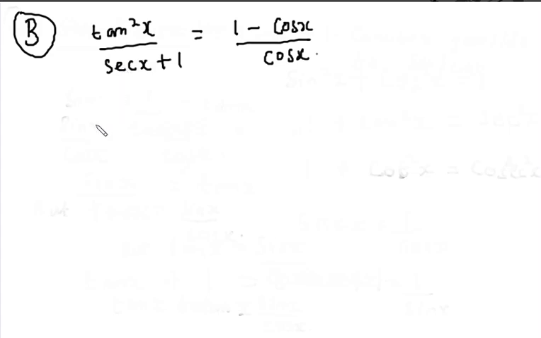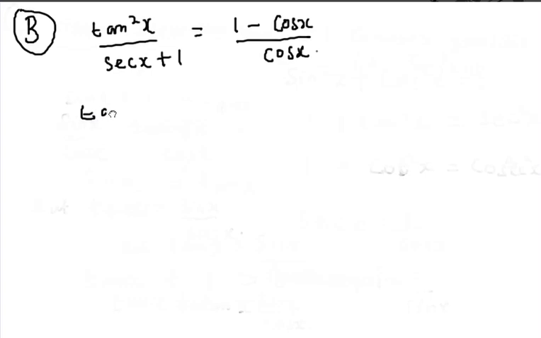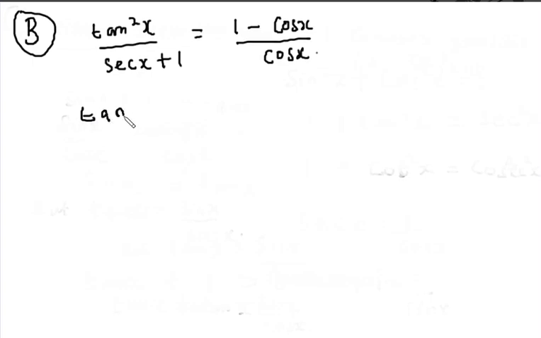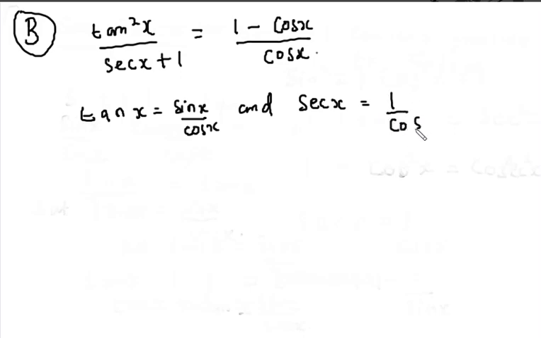So we know that tan x equal to sine x over cos x, and sec x equal to 1 over cos x. We use these sine and cos terms to replace the sec and the tans.